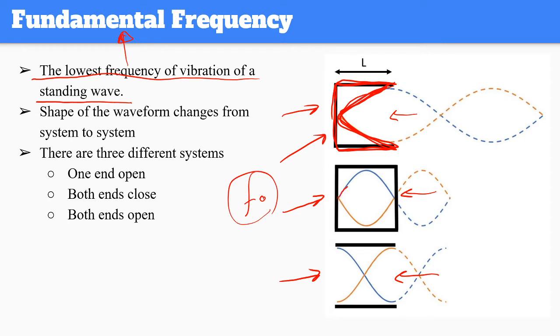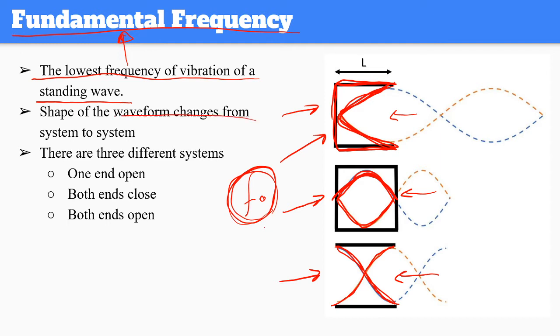To create this shape for both ends closed systems, you are also going to need a frequency, and this is also your fundamental frequency. These shapes are the simplest waves that you can fit into those three different cases. So the lowest frequency that you need to create the simplest wave in those three different systems is called the fundamental frequency.